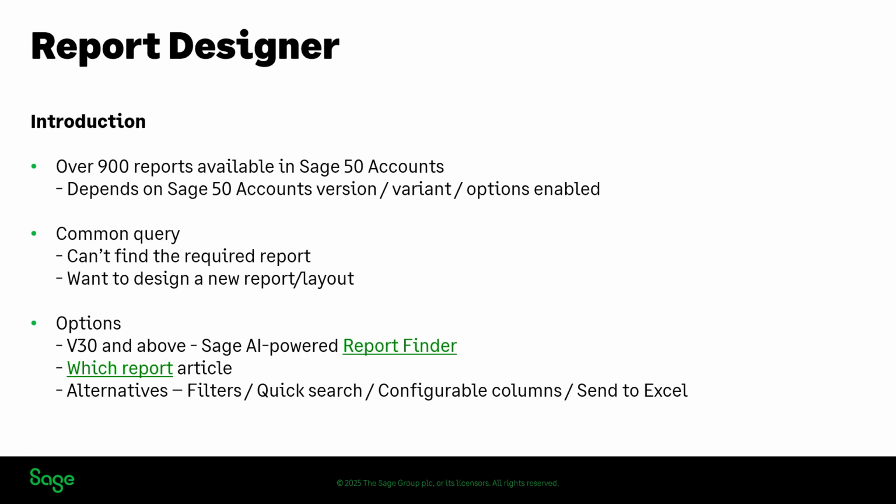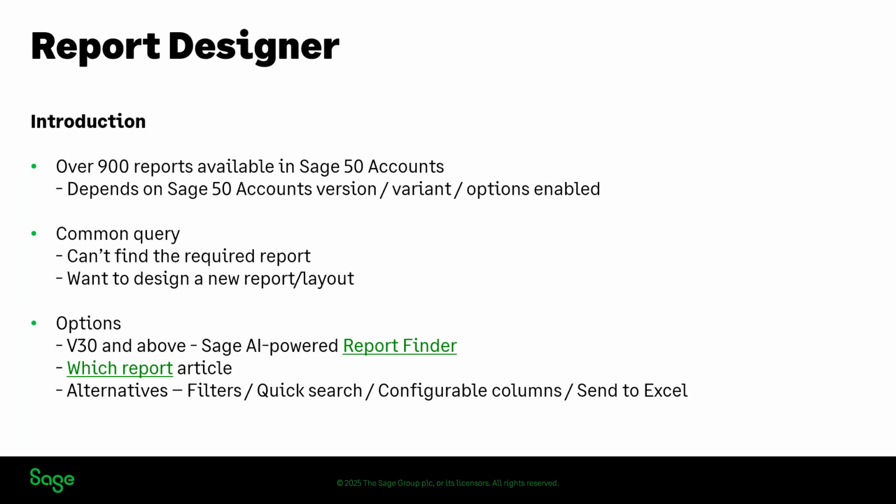There's also what we term the Which Report article within our Help Center, which is why the report finder was developed, because this Which Report article proved so popular. So again, very similar options. Obviously, Report Finder itself is built into your software.